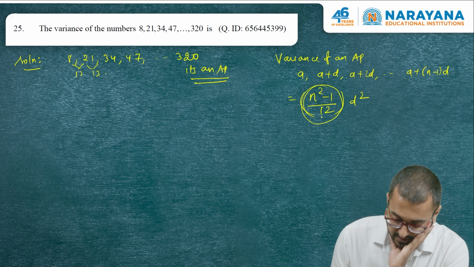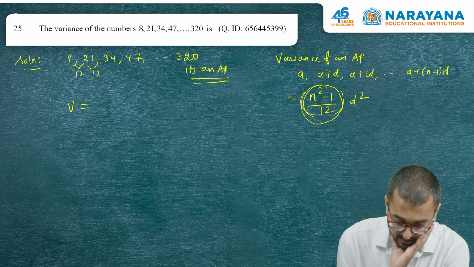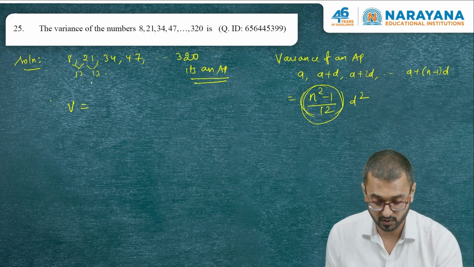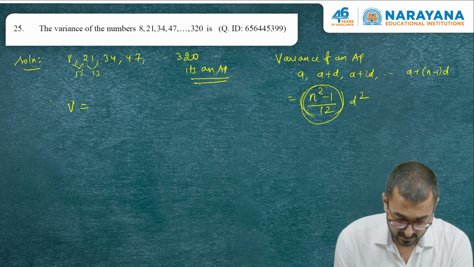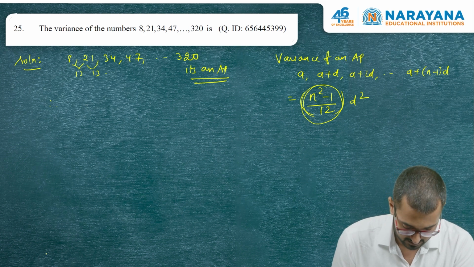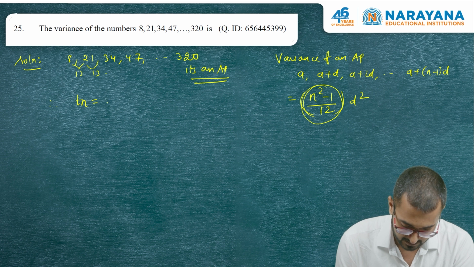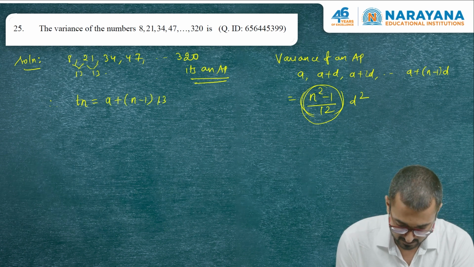Now we have to find out how many terms there are and what the common difference is. The terms are 8 to 320, so Tn is equal to a plus (n minus 1) into d. The last term is 320 and the first term is 8 plus (n minus 1) into 13.